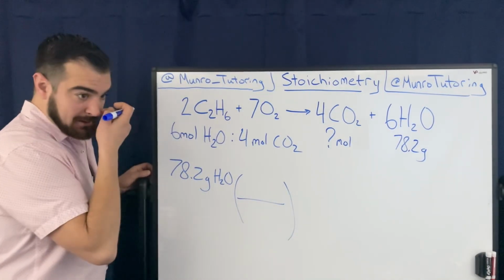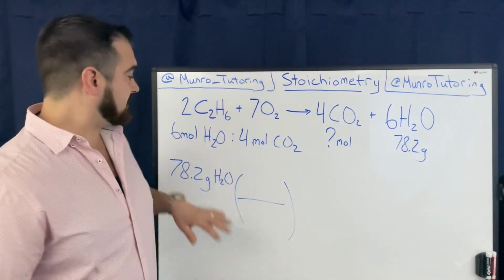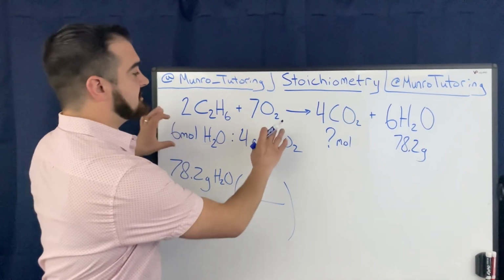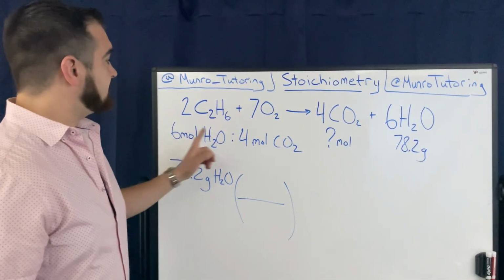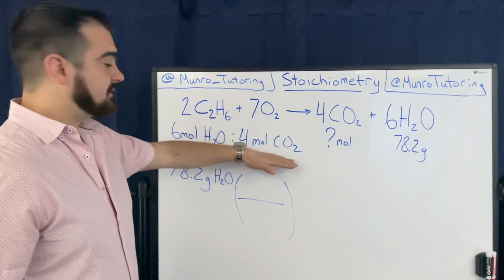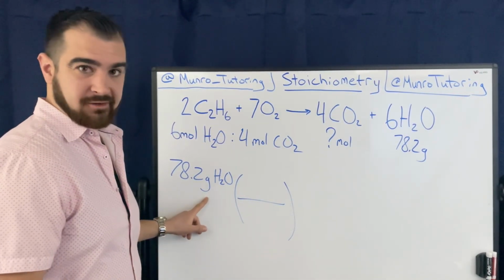Now, in the other problems, when we do stoichiometry, we're given some information about a substance, and so far we've immediately used the mole ratio. But now we look here. We know that this is how we go from moles of one substance to moles of the other one. But I don't have moles of water here. I have grams of water.